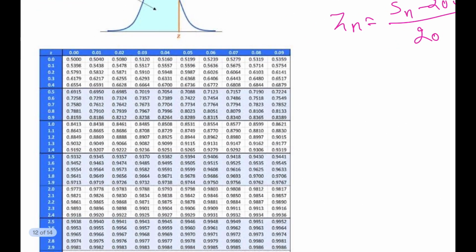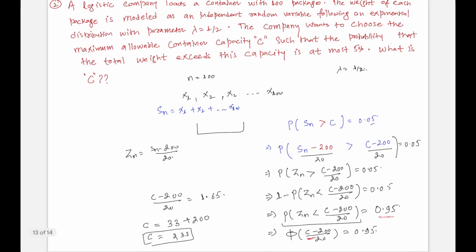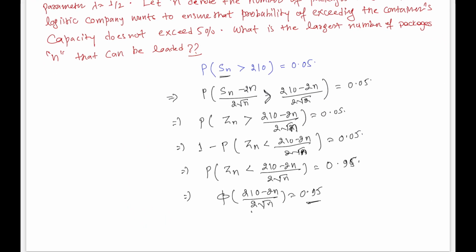The probability is 0.95, so it will be somewhere around the value 1.65.